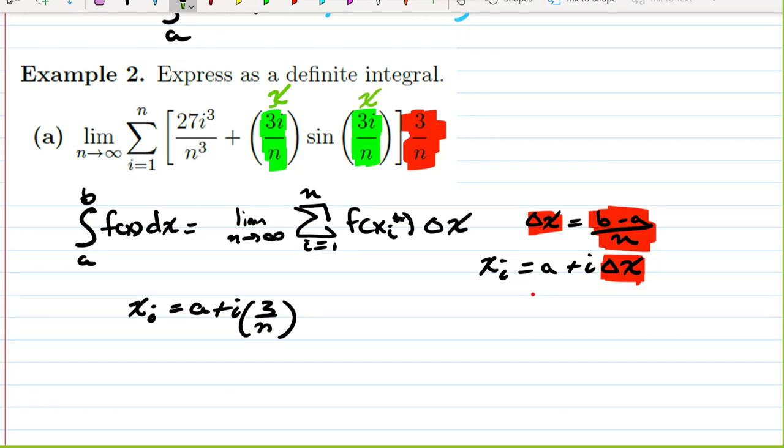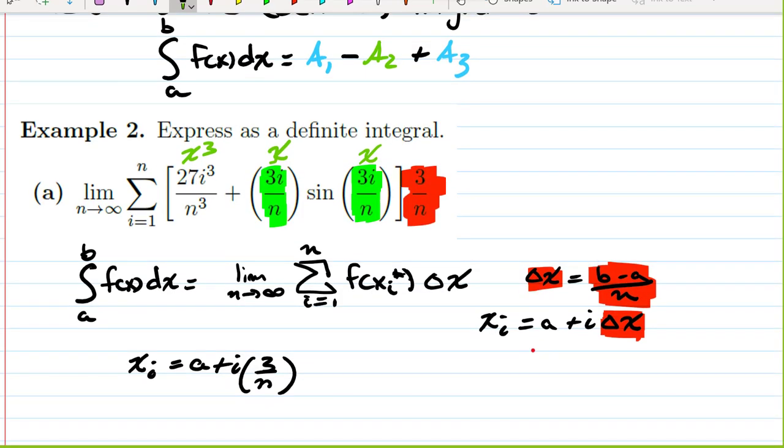But this doesn't look like 3i over n, but we have an i cubed and an n cubed, and 3 cubed is indeed 27, so this would be an x cubed. So our function f is starting to look like f of x is equal to x cubed plus x sine x. So there's our f of x.